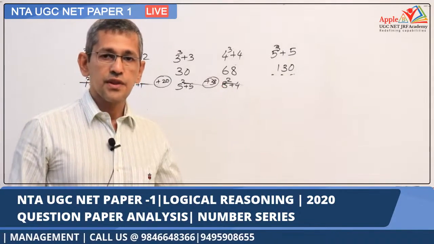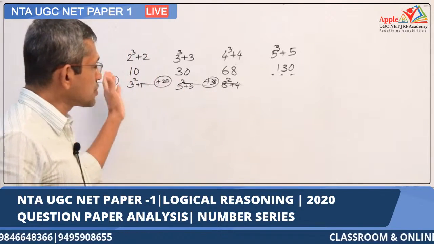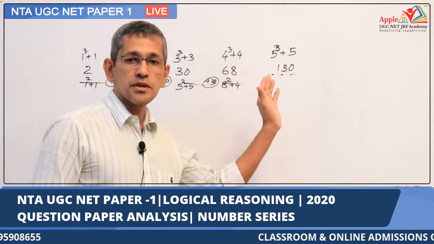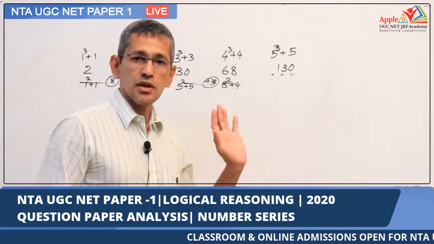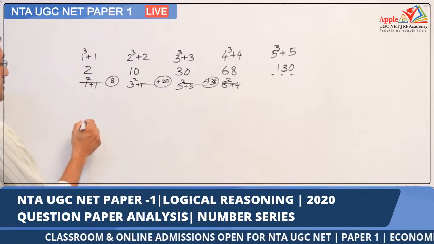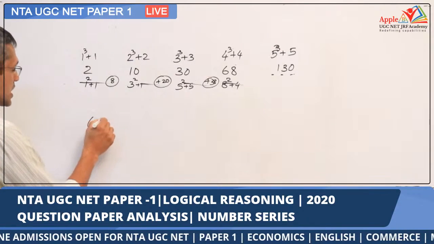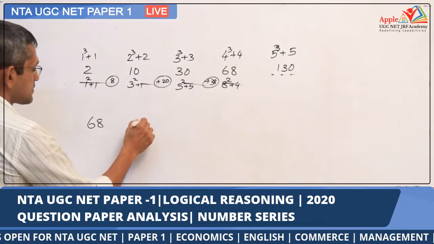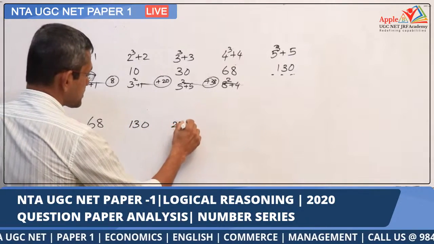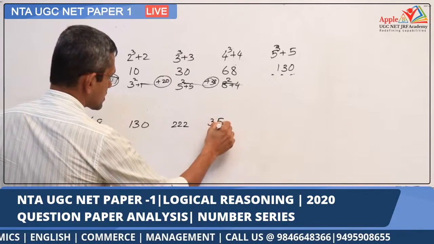And of course, if they want to make the exam a little tougher, what they can do is make these numbers a bit larger. That means they go for the next range of numbers. I'll show that. Let's say we have 68, 130, 222, and 350.